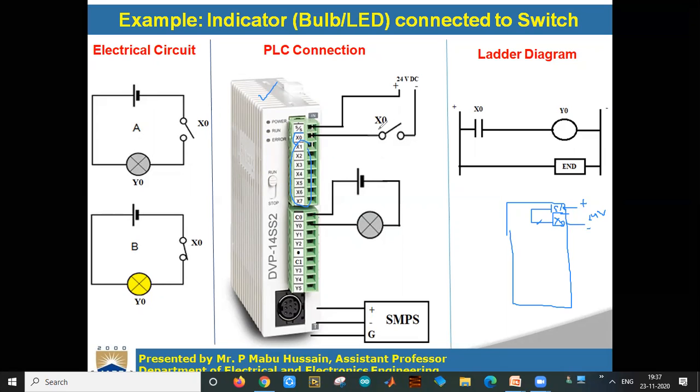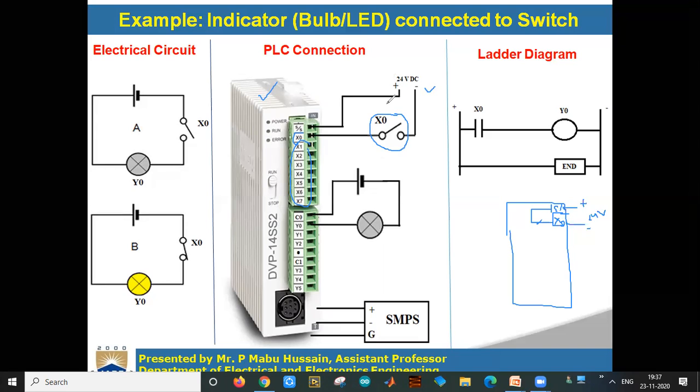Right. So now here I am taking the switch which is connected to your X0. A switch's one end terminal is connected to X0, the other end is connected to the negative of your supply, and the positive of the supply is connected to source.